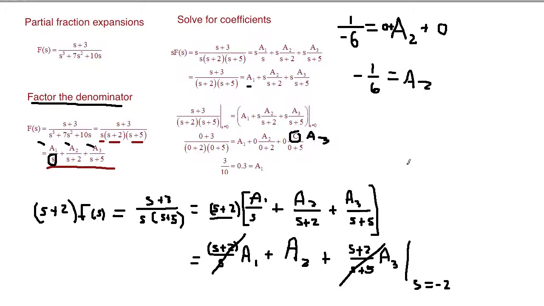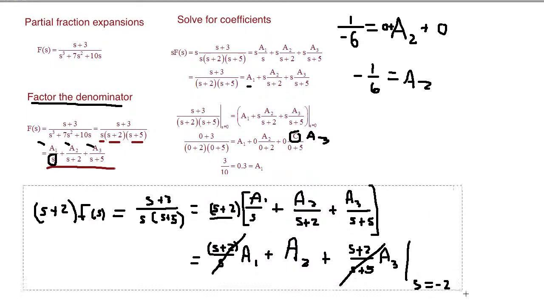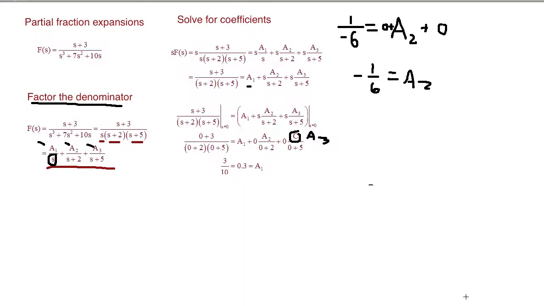Okay, now finally we want to evaluate for a3. So let me do that. Let me delete all this right in here. Okay, so again, a2 is equal to negative 1/6. To find a3, I take this expression here, multiply by s plus 5, and then evaluate it at s equal negative 5.